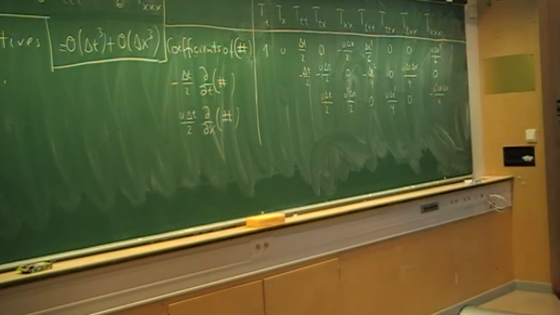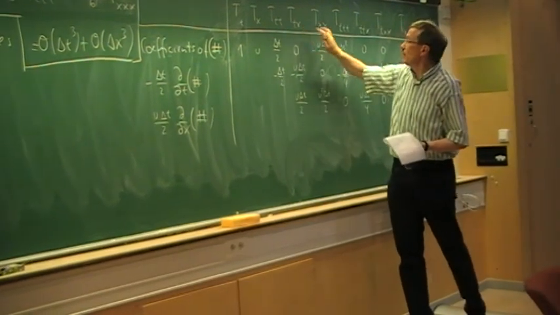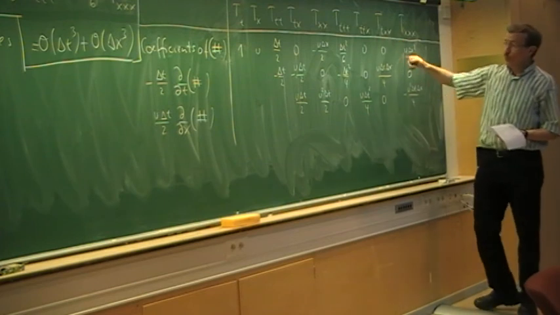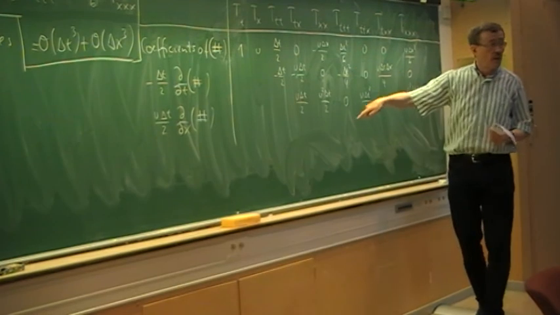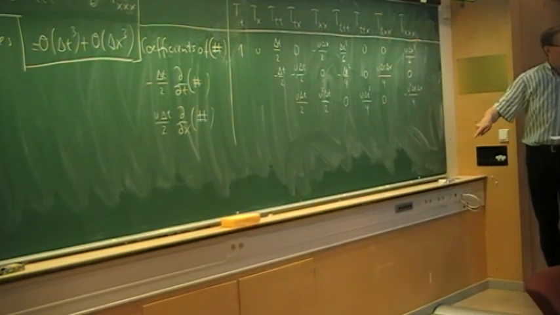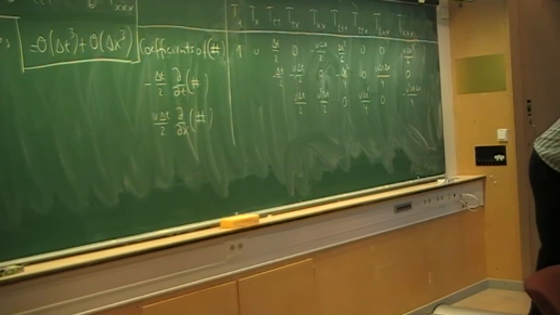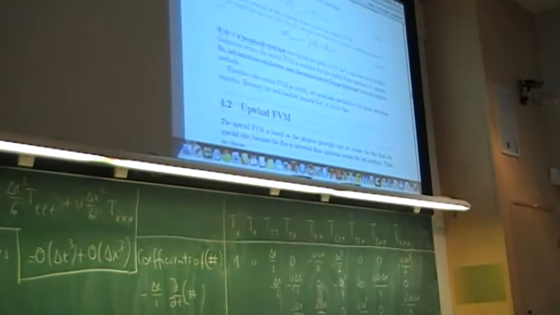Now we have to stop at some point here, and the catch is that we will proceed to get rid of all these time derivatives, and then when we sum up the coefficients, we get the modified equation. And the result, let's see, I hope we have that here.